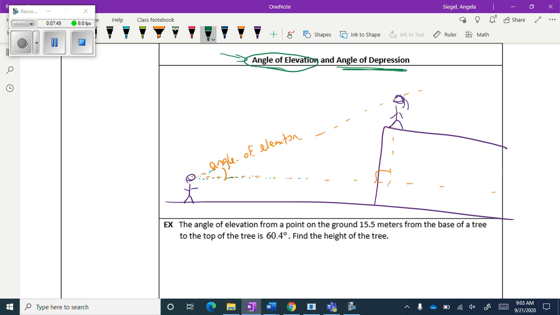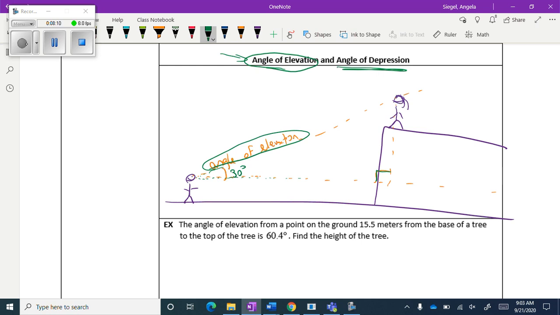So the problem might say Mrs. Siegel is looking up at one of her students at an angle of 30 degrees. So that's going to be my angle of elevation. So notice it's going to be a right triangle, and that's how we are going to get those values there.